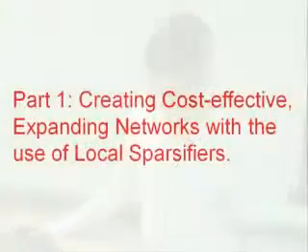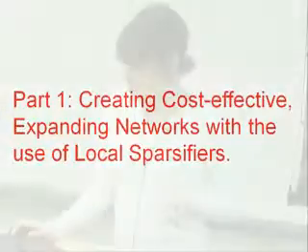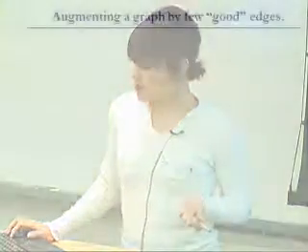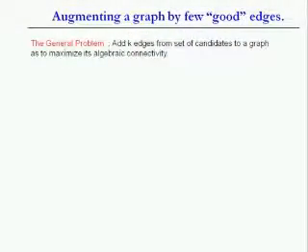So, creating cost-effective expanding networks with the use of local sparsifiers. Let's see what that means. By the way, we have a patent with Microsoft on this algorithm. The problem is augmenting a graph with a few good edges.